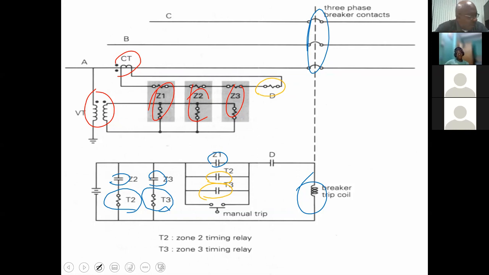Let's not go into details, but it's a fail-safe type of mechanism just to ensure that the system is operating as it should. Again, we will go into details.